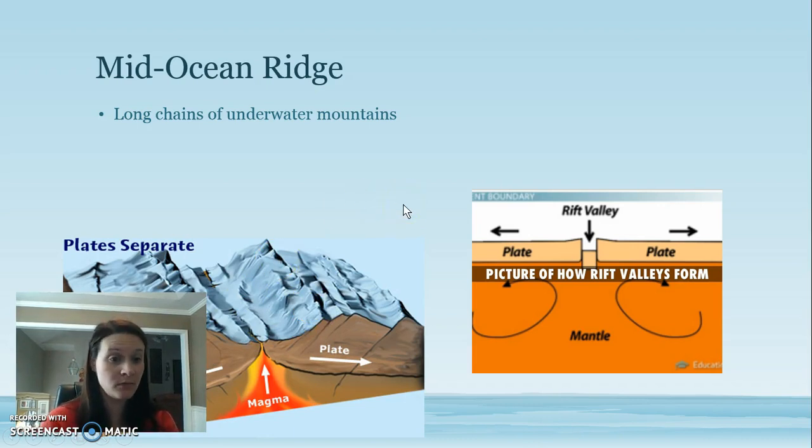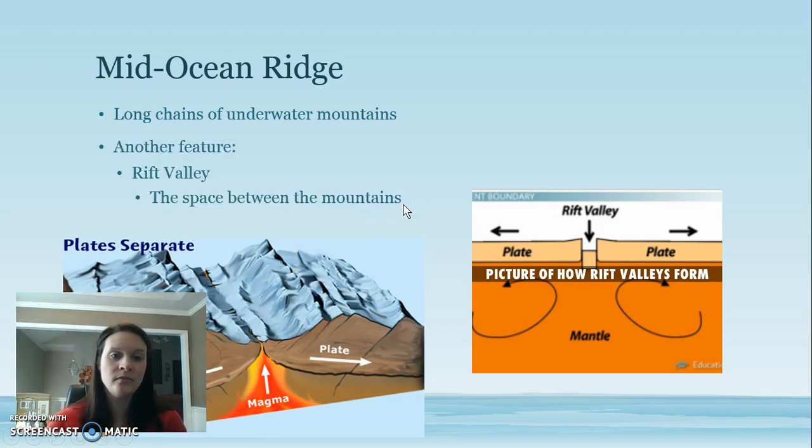There's another feature that we've not talked about before that you need to know. It's called a rift valley. The rift valley is the space in between those mountain ridges along the mid-ocean ridges. That space in between, we call the rift valley. You need to know that.